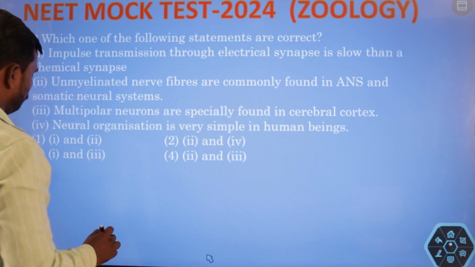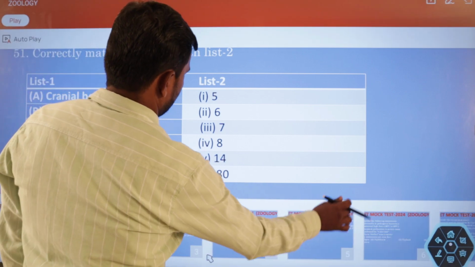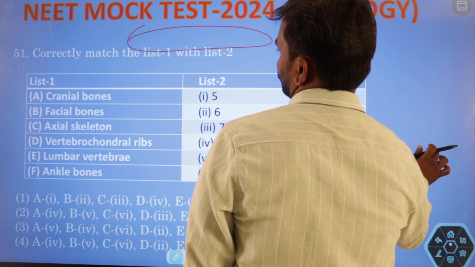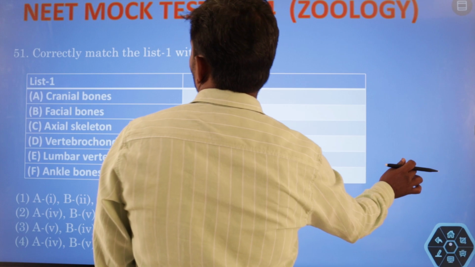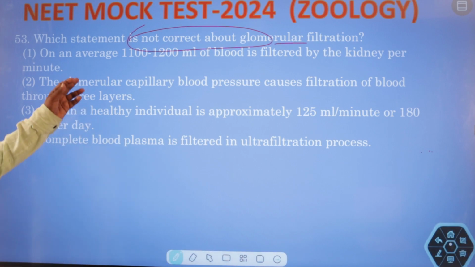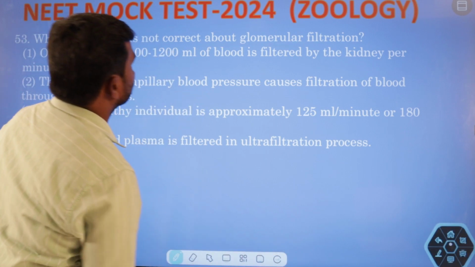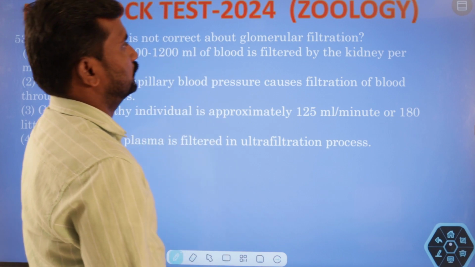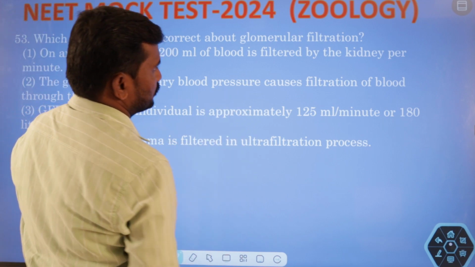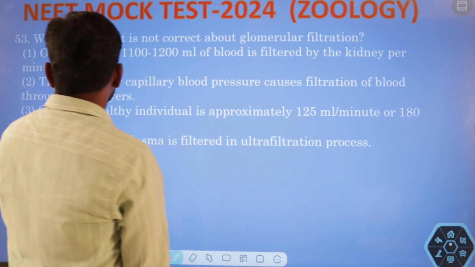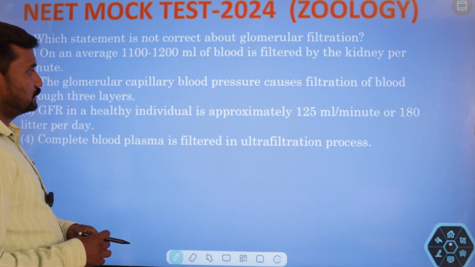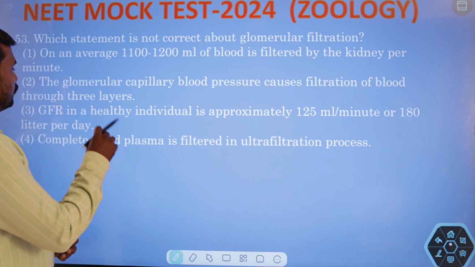The glomerular capillary blood pressure, and this is the most important, causes filtration through three layers: the endothelium of the blood vessels, the basement membrane, and the epithelial structures.